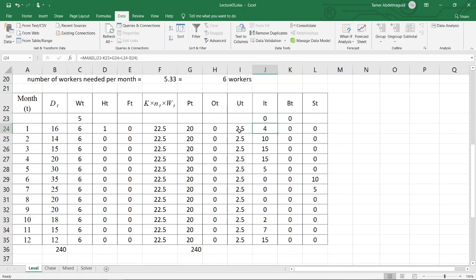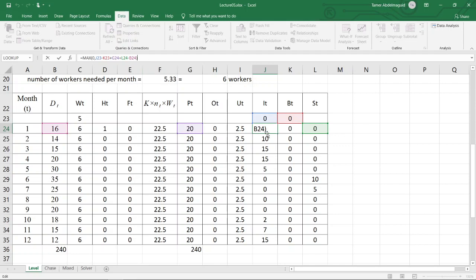So the formula used here to calculate the inventory or the backlogged quantity is simply the inventory balance equation. And here what I did is I have implemented the inventory balance equation using Excel. The value in this cell is the inventory at the end of the first month.